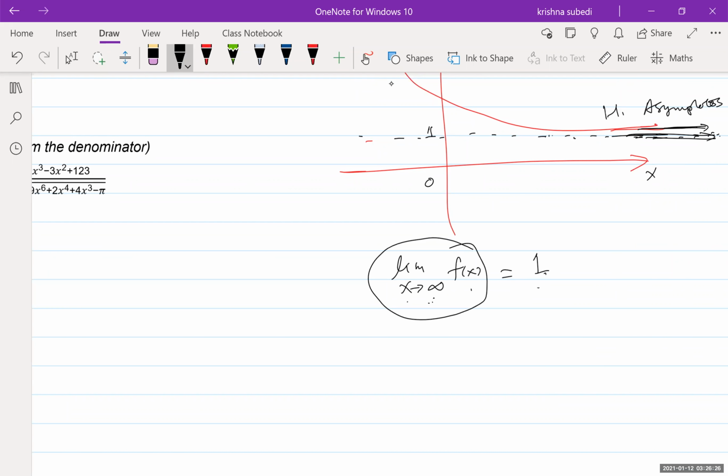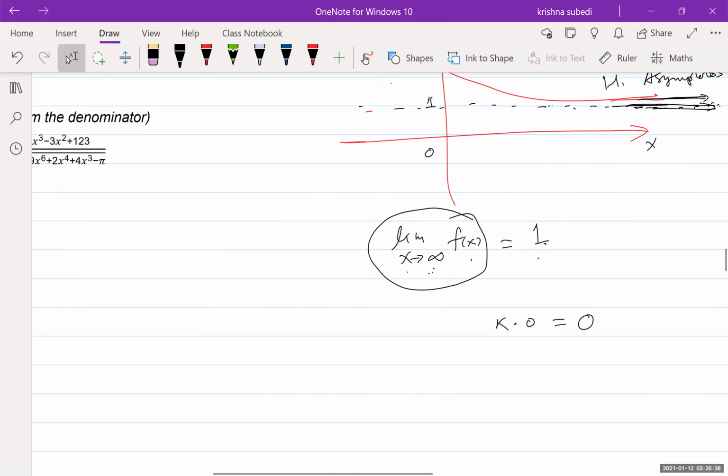Now, tell me, k is a constant. So k times 0 is what? 0. Any number multiplied by 0 is 0. 0 divided by k is what? 0. k divided by 0 is what?